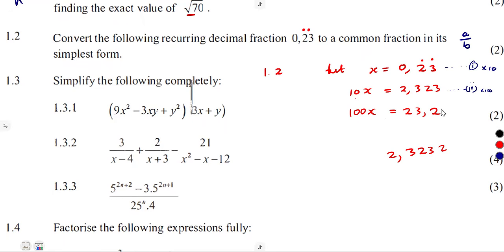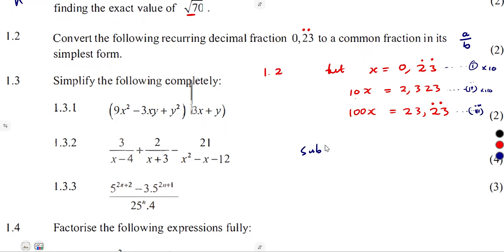Remember the concept, it's a repetition of 2, 3, 2, 3, and so on. So we can see that in equation 3 the digits after the decimal point are exactly the same as in equation 1. You focus on that part, equation 1 and equation 3.